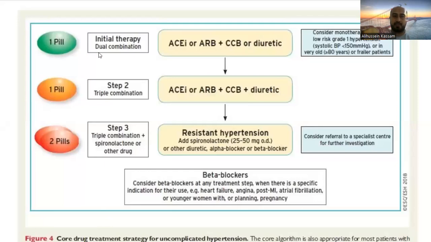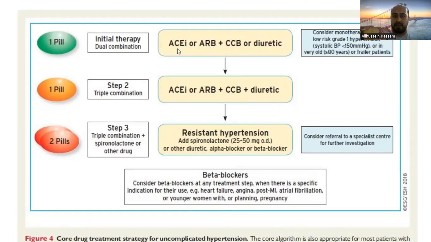The only exception is a patient at very low risk, grade 1 hypertension with systolic less than 150 millimeters of mercury, or very old patients above 80, or frail patients. Only then do you use one pill with one drug. Otherwise, it's always a dual combination, and it's always an ACE inhibitor or ARB. You never combine the two.